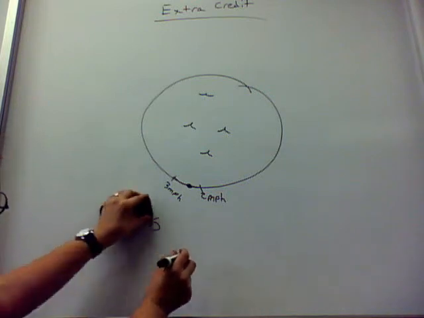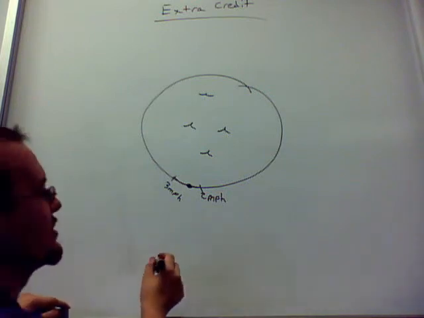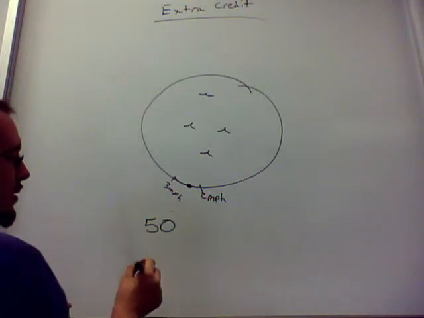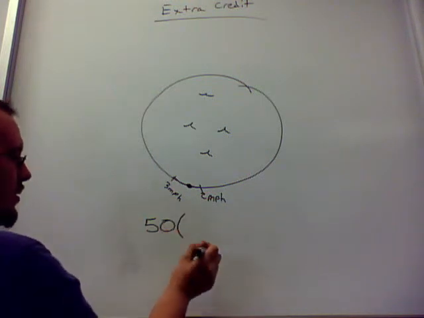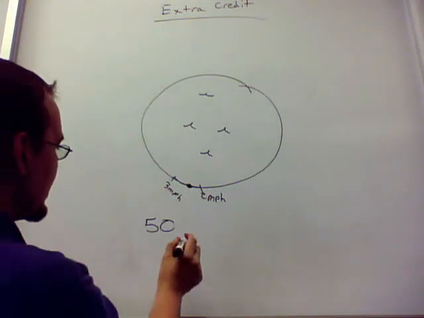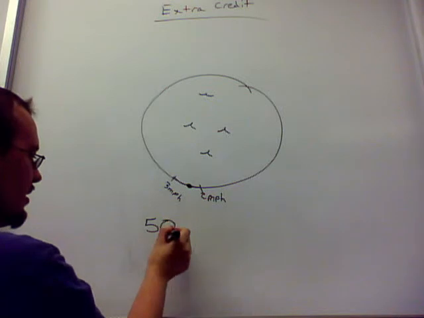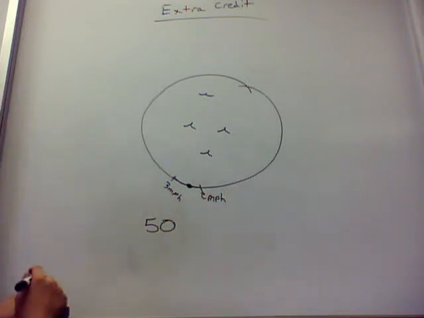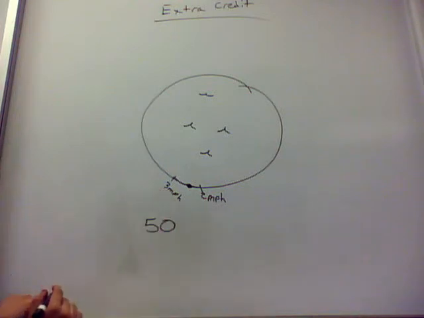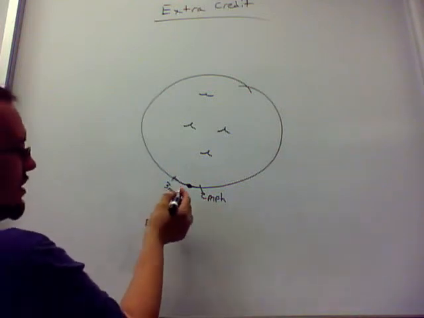Okay, well, we know that the circumference of the whole thing is 50. I'll let that go ahead and sink in for a second. But pretty much after 2 hours, they will have covered 10 miles.